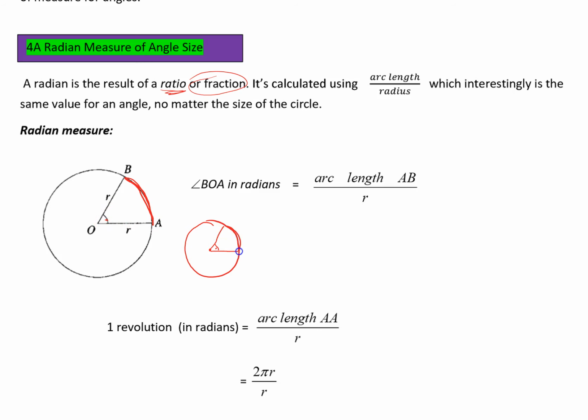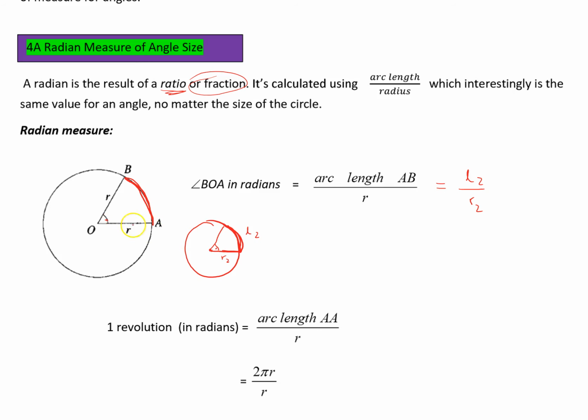What's interesting is this arc length now, which is obviously smaller than AB, over this radius, which is obviously smaller than that radius, that ratio of arc length to radius in this situation, so let me call that L2 over R2, that L2 over R2 is exactly the same as AB over R. They simplify down to exactly the same number or fraction.